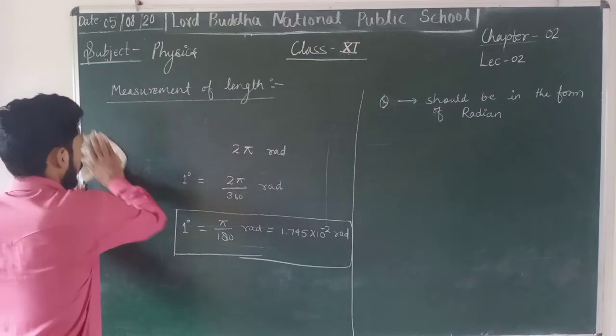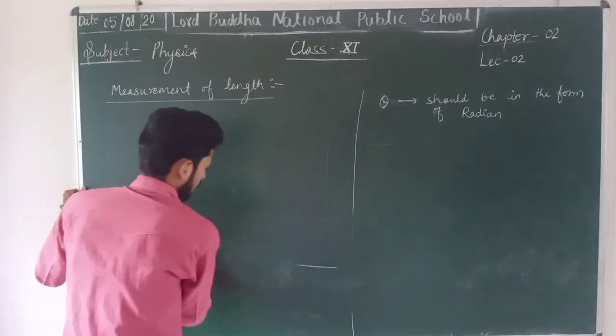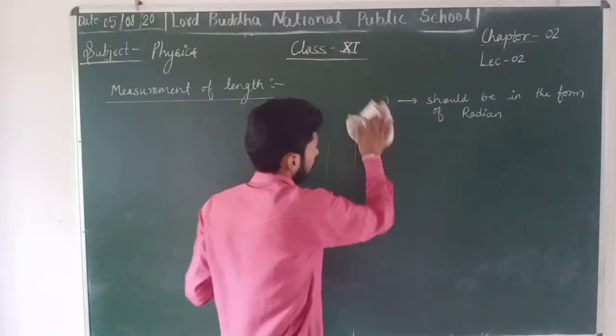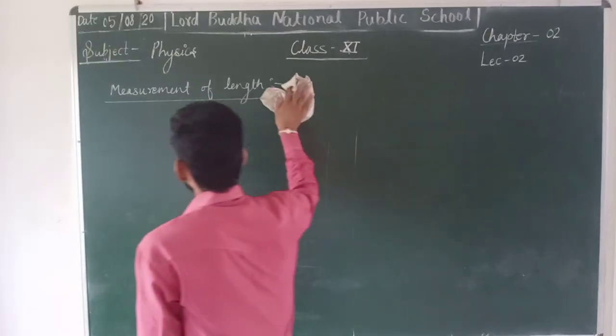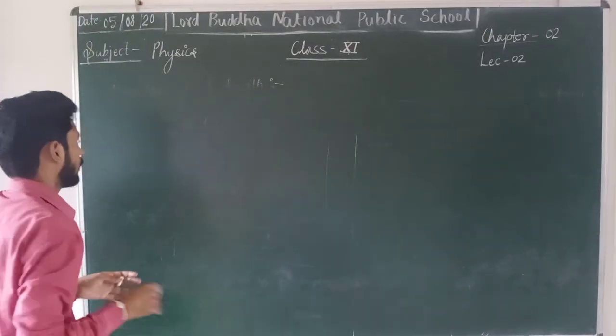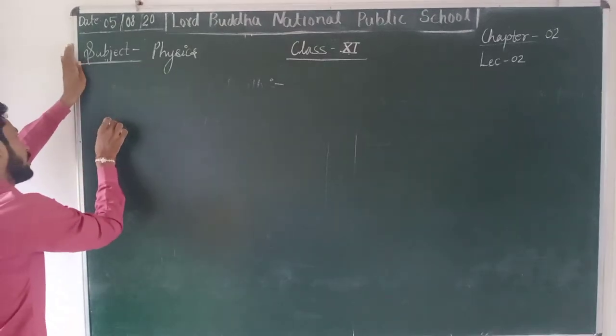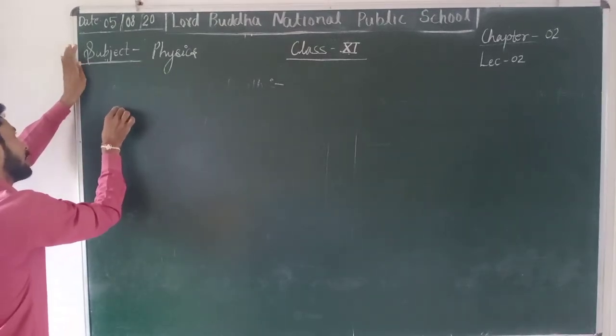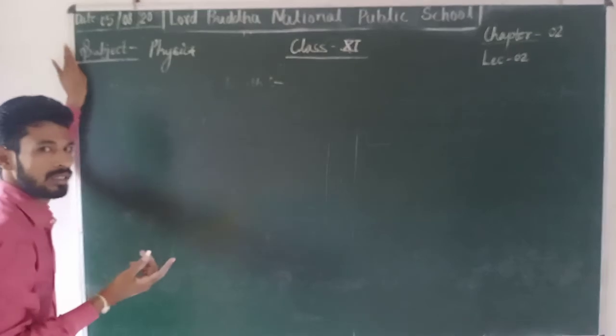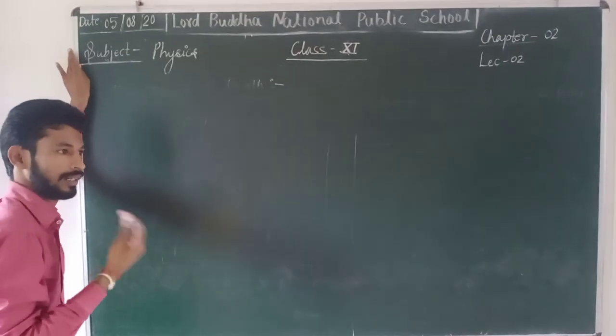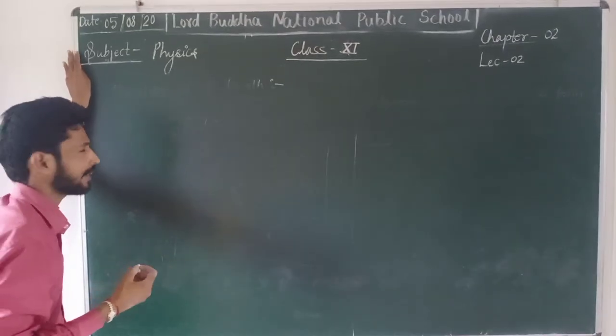Like this, there are some other types of angle units which are represented in the form of radian. First is degree, second is radian, third can be minute, and fourth can be second.